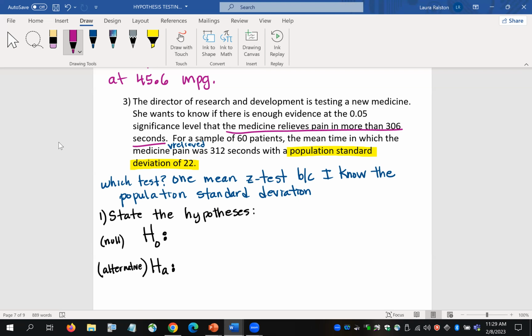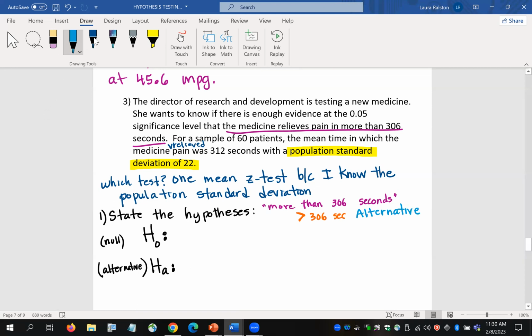Okay, so her phrase is more than 306 seconds. If I stop and think about what that phrase means, the words more than, I think of the math symbol for greater than. So greater than 306 seconds. Since it is greater than and does not include an equal sign, this statement is the alternative.